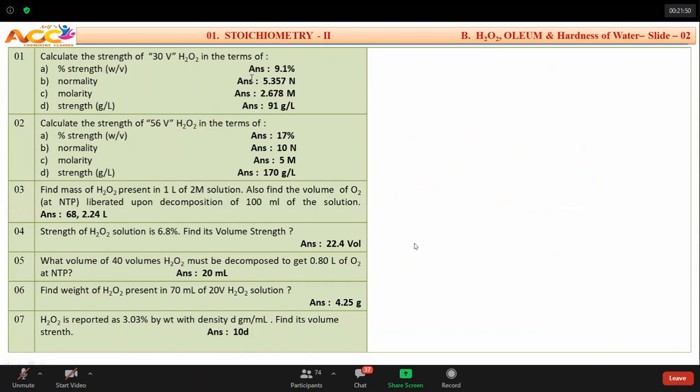Okay, come on. Come to problem number 1. Calculate the strength of 30 volume H2O2 in terms of percentage strength weight by volume, molarity, normality, strength in grams per liter. He has given all the things, right? For solving problems, I have to decrease the size of the slide. Wait a minute.